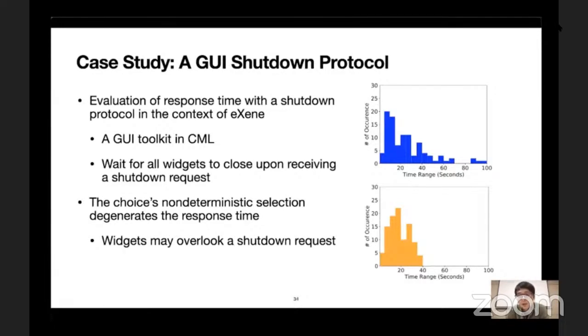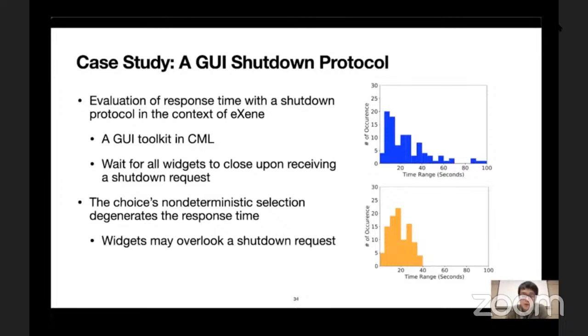In these graphs, on the top, we have the result from CML. On the bottom, we have the result from PriorCML. We can see the response time is significantly faster in PriorCML. The maximum shutdown time has been reduced from 100 seconds to 40 seconds.